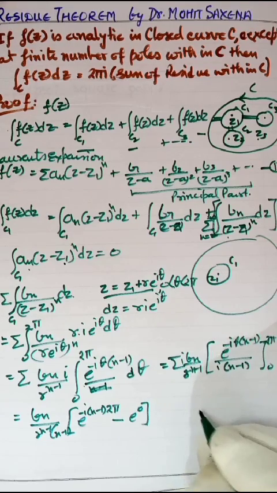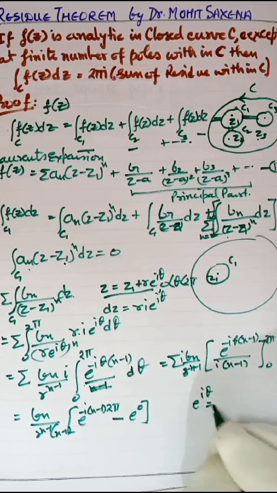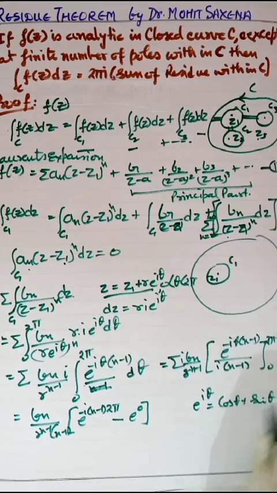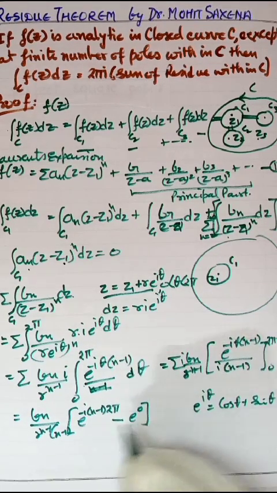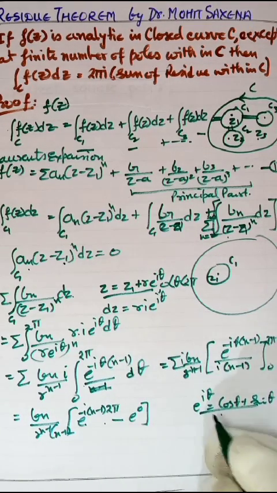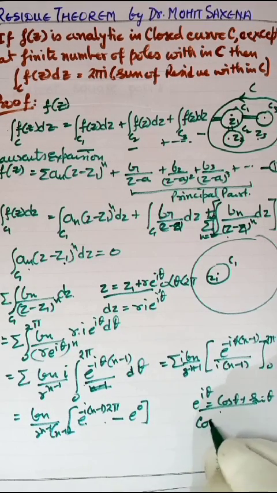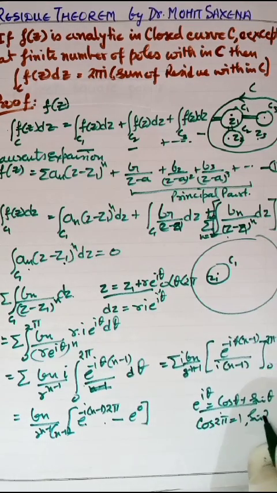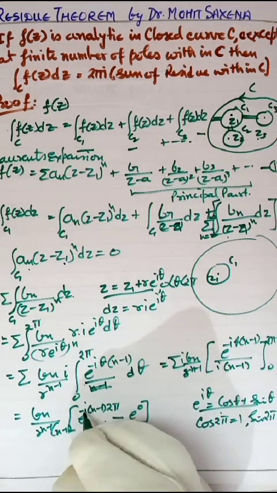As we know that e to the power i theta is equal to cos theta plus i sin theta, and when we put this Euler formula in this integral, and also we know that cos of 2 pi is equal to 1 and sin of 2 pi is equal to 0.